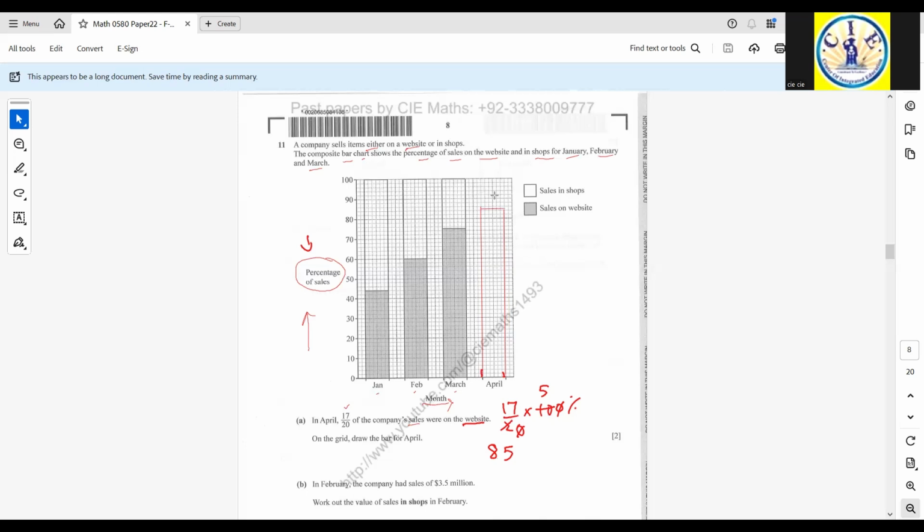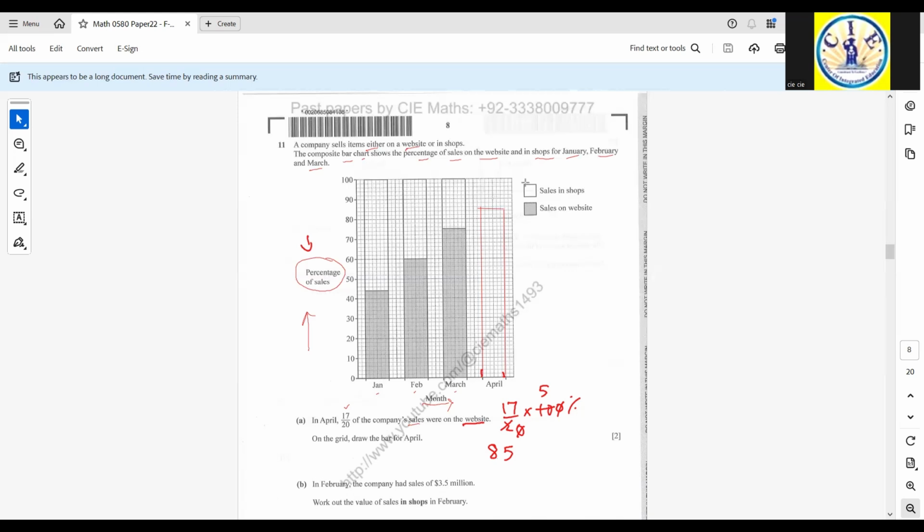It needs to go in between this one, that means from here till here. So this is the height for sales on website.